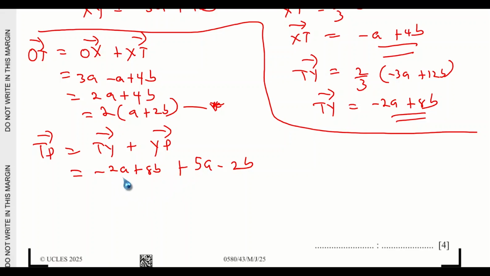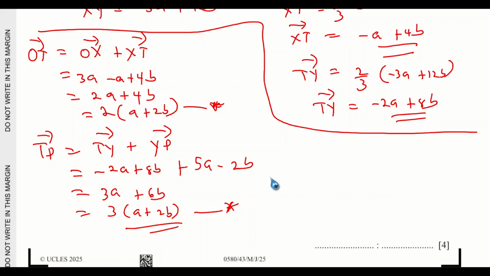So we can simplify this. It will give us 3a plus 6b. If you factor out 3, it will be 3 into a plus 2b. So this is the second one.